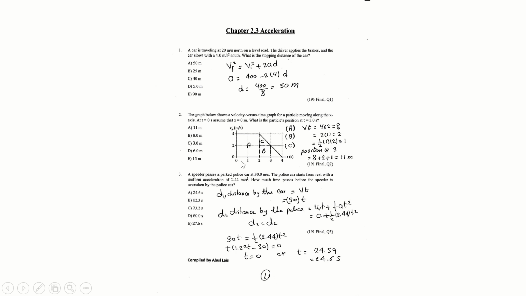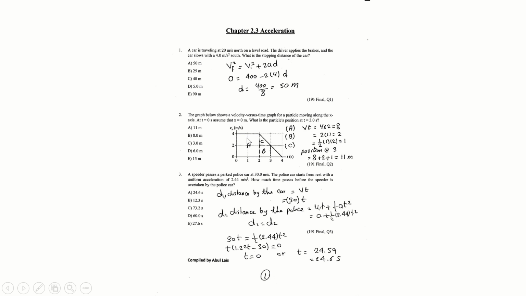If you have a velocity time graph and you want to find the distance, you must find the area under the graph. How do I do this? Look at this graph, I have this line and that line. I will split it into different areas.